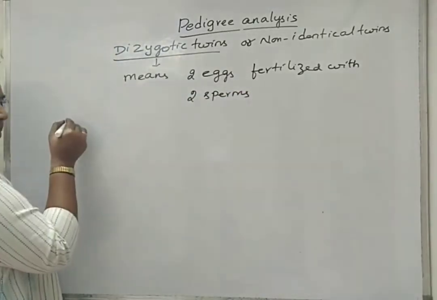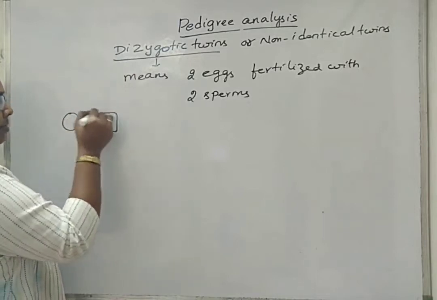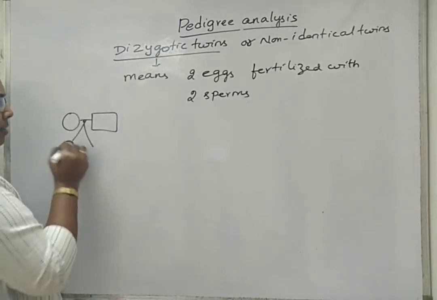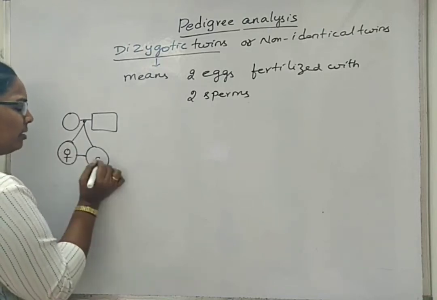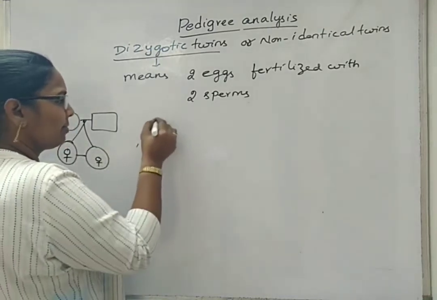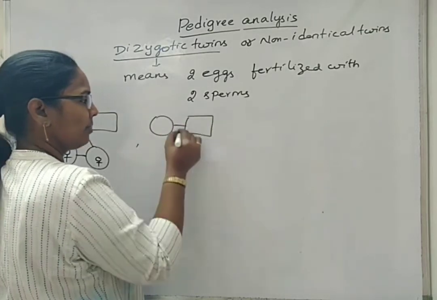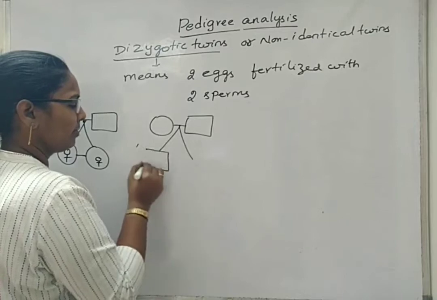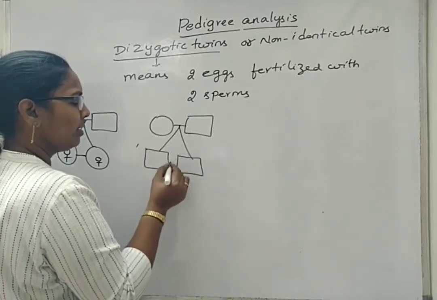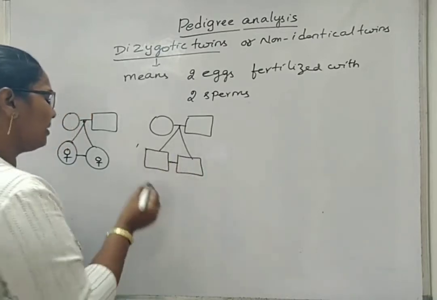Now, another representation is two offsprings, either two females or two males, but both are given one single line to connect.